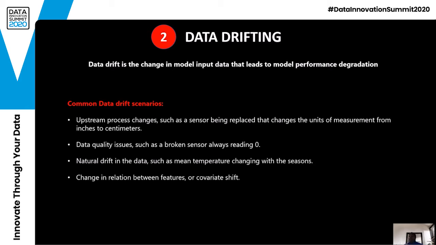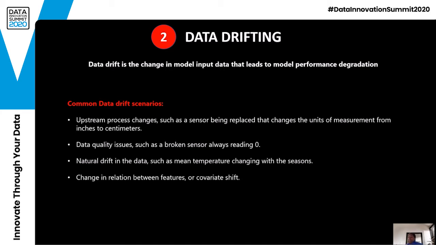Let's say you are getting sensor inputs and one or a couple of your sensors broke and you replaced them with new sensors, and the new sensors report the data with different measurements, like temperature in Fahrenheit instead of centigrade. Now you have different values in your new data sets.